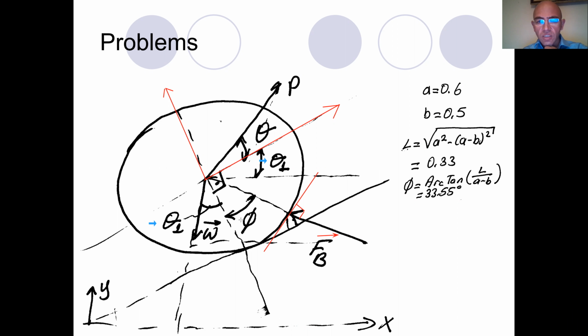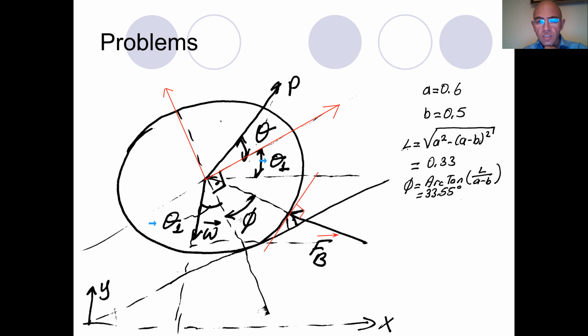Because this angle is theta and this angle is θ1, therefore the total angle is theta plus θ1. Therefore, in fact, x component is P times cosine theta plus θ1, and y component is sine theta plus θ1. So it is P times cosine theta plus θ1 i vector plus P times sine theta plus θ1 j vector.